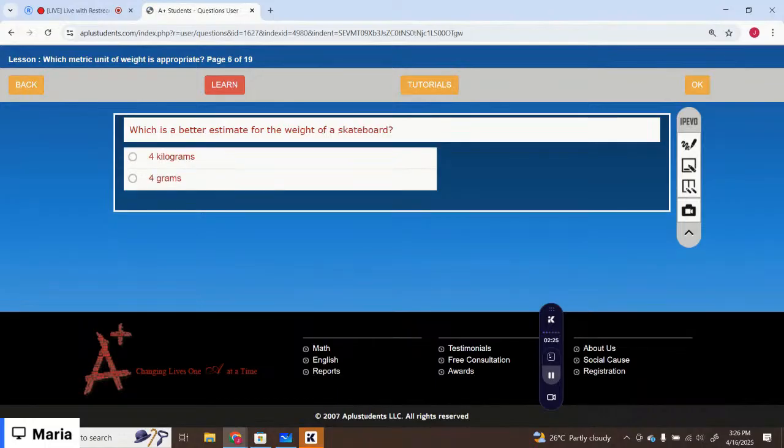Which is a better estimate for the weight of a skateboard? So which is the correct option?